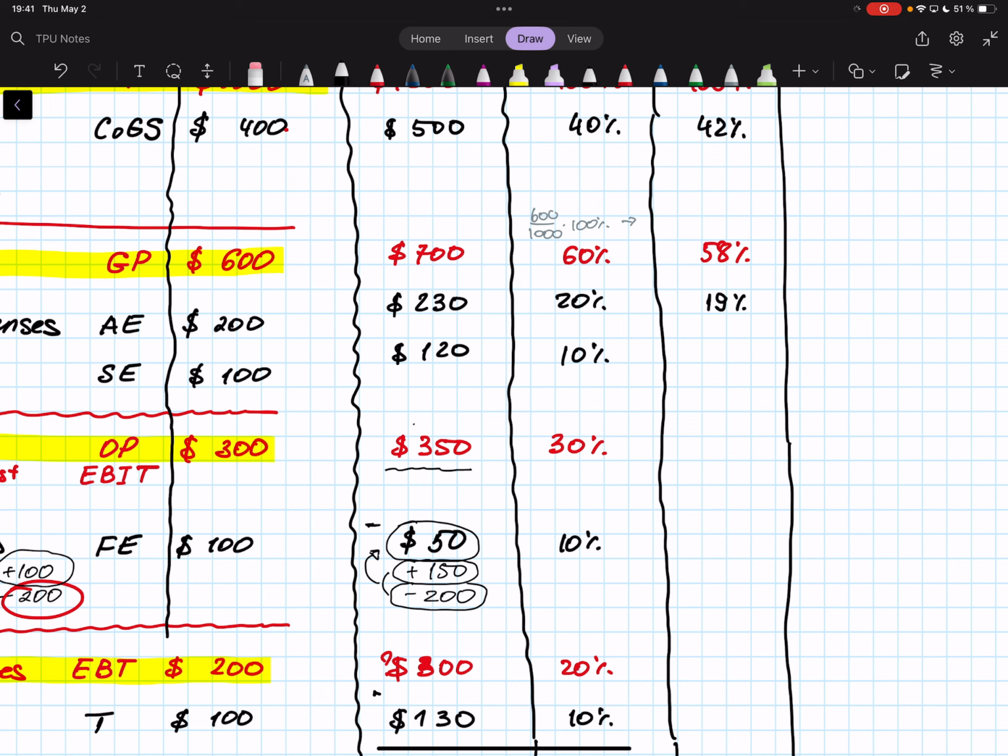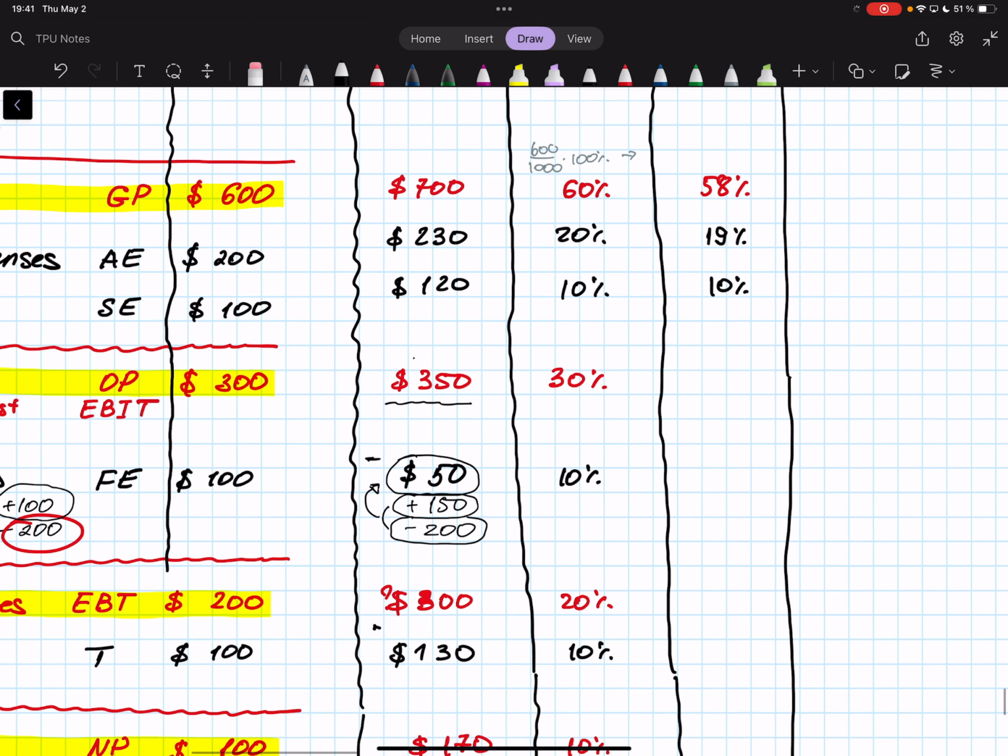What about selling expenses? 10%. Now we can move on to operating profit: 28%.